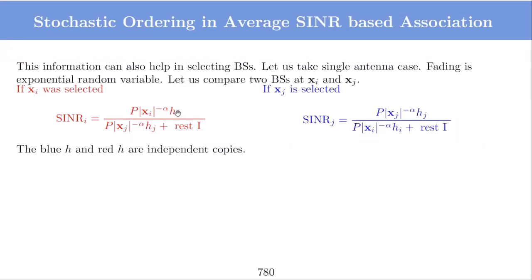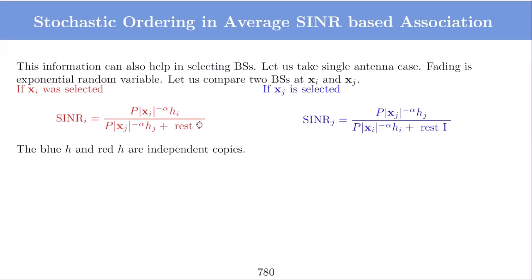Now, this h_i and this h_i are different copies, but from a coupling argument, you can show that there would be one realization of the fadings where you will get the same h_i, because they have the same distribution.